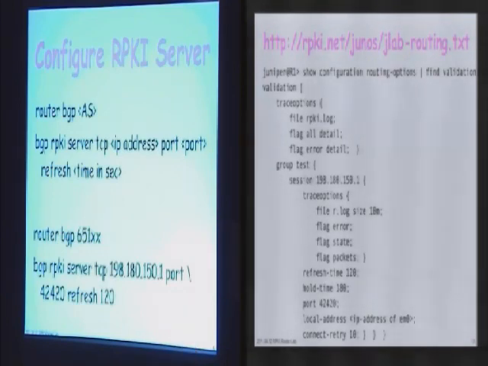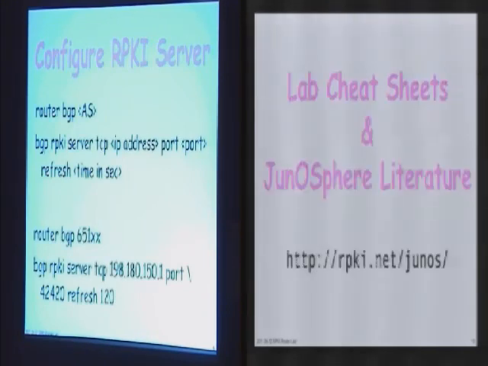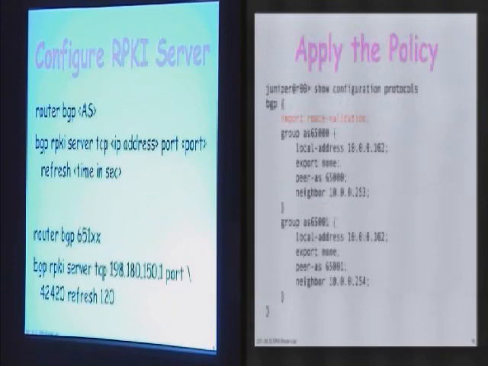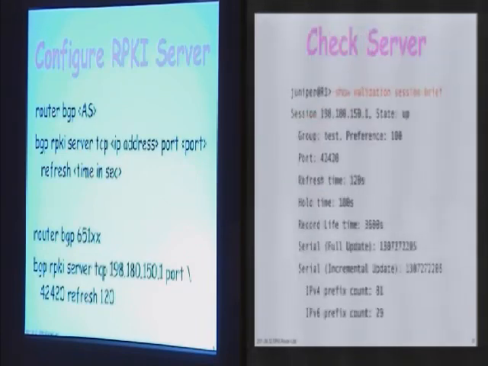I don't think I'd want to cut and paste that line. Well, I set you up for problems in the text file that you're cutting and pasting from. That's in comment braces. Okay? And then policy, and then apply the policy, and then check the server.